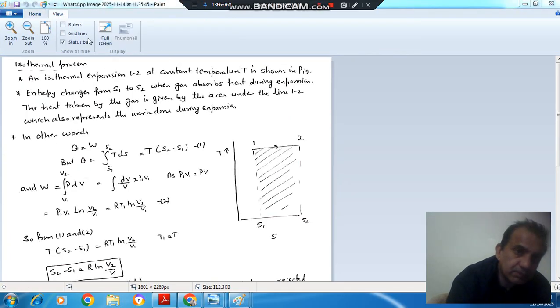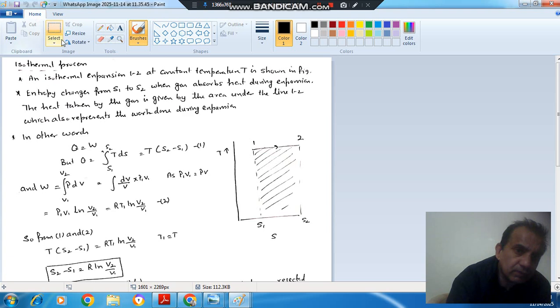Now consider another process, that is your isothermal process. In an isothermal process, if you want to calculate entropy change, then we consider isothermal expansion. Suppose we are adding heat, one is your initial condition and two is your final condition. At initial condition, entropy is S1, temperature is T1, and temperature is constant, so T1 is equal to T2.